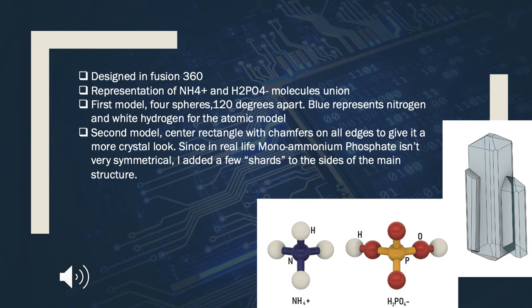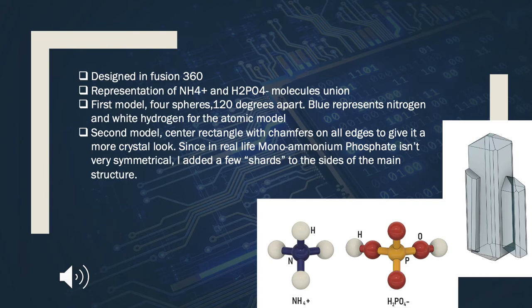Then I modeled it using four spheres 120 degrees apart connected to a center sphere using cylinders. Using an appearance tool, I painted the center sphere blue representing nitrogen and the outer spheres white representing hydrogen. This completed the NH4 molecule.